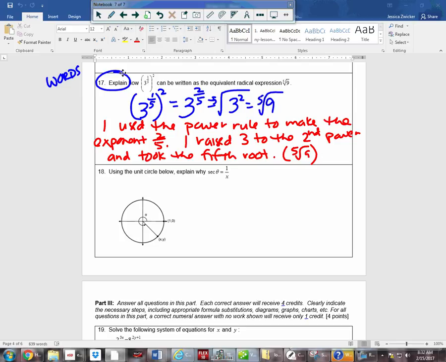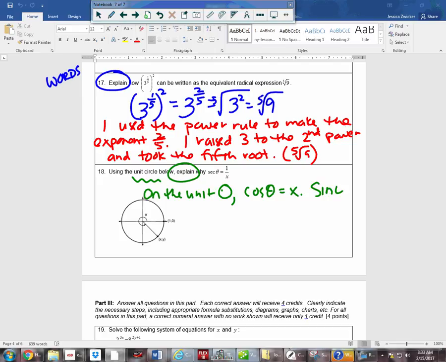18 is another question that says explain, so in words. Now, using the unit circle, so you know from when we first did trig, the unit circle, the value of cosine theta is equal to x. So here we go. On the unit circle, cosine theta equals x.